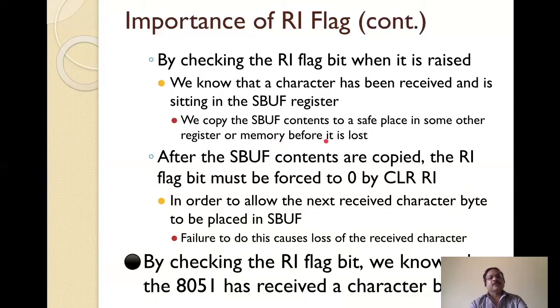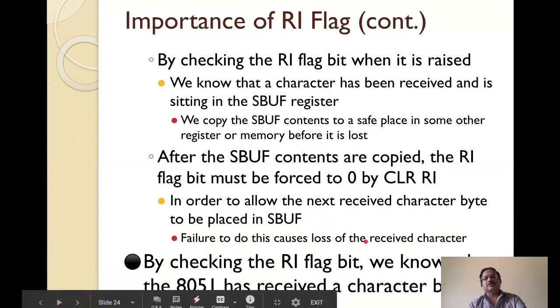So after the SBUF contents are copied, the RI flag must be cleared using the CLR RI instruction in order to allow the next received character byte to be placed in the SBUF register. Failure to do this will cause loss of the received character.